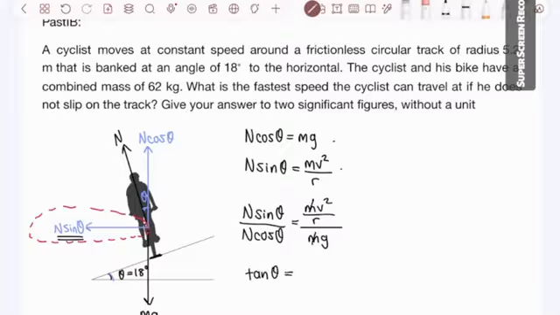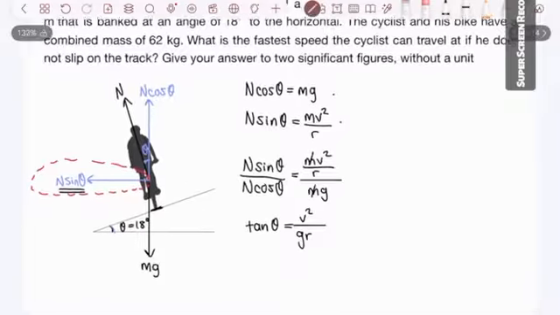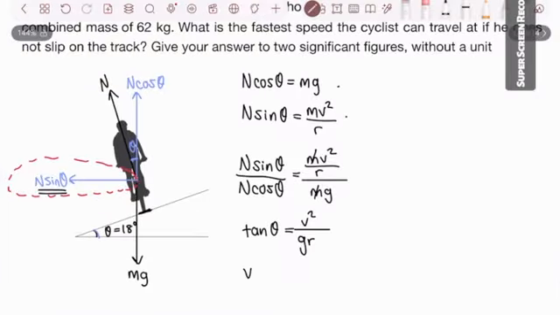This would give me v squared over gr. And then afterwards, if I cross multiply, v squared would equal tangent theta times gr, and v would equal square root of tangent theta gr.